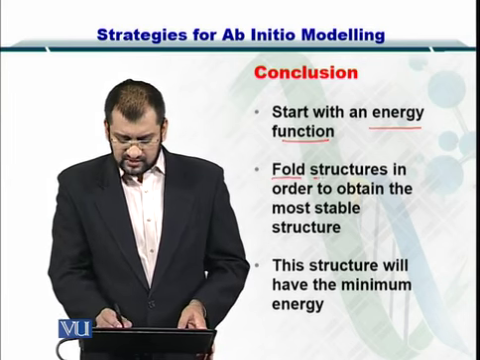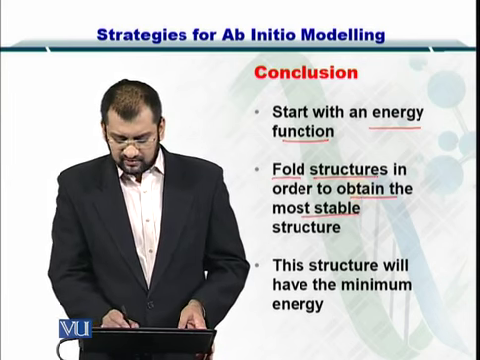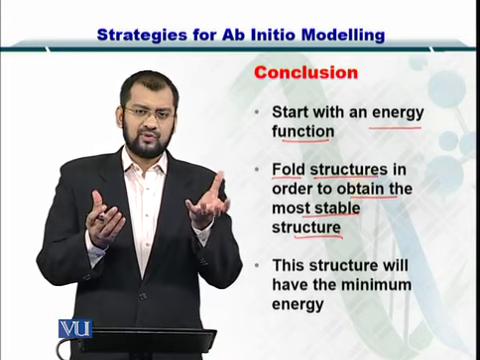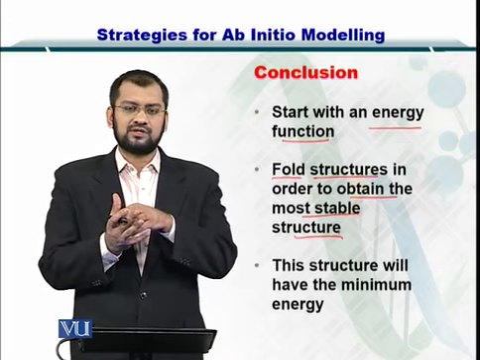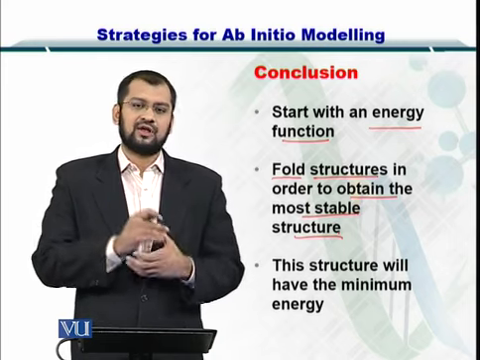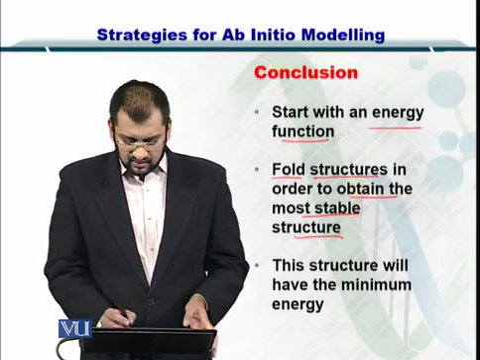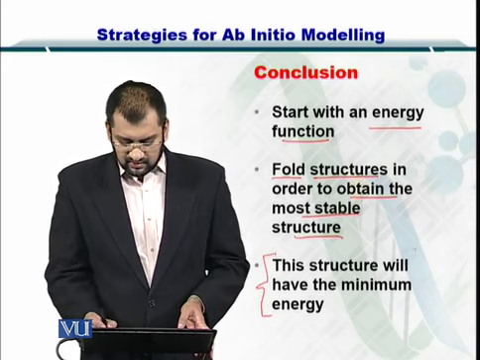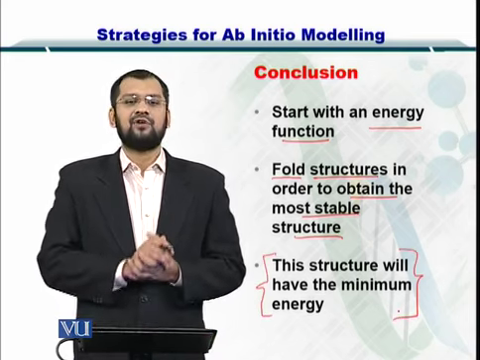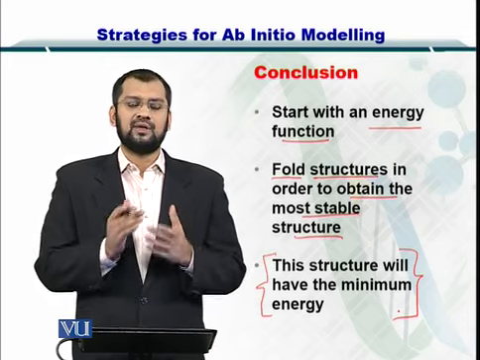Next, you fold the structures in order to obtain the most stable structure. So you allow your sequence to fold into that structure conformation and see if there are any optimizations that may be necessary. And the underlying principle will help you to arrive at a structure that has the minimum energy.